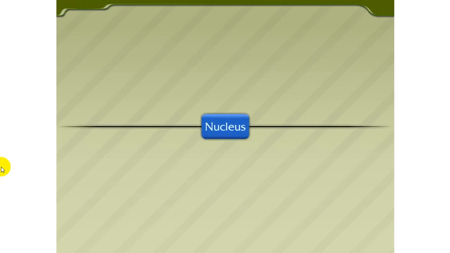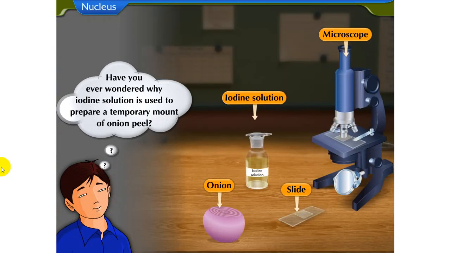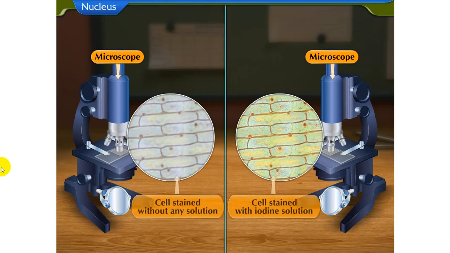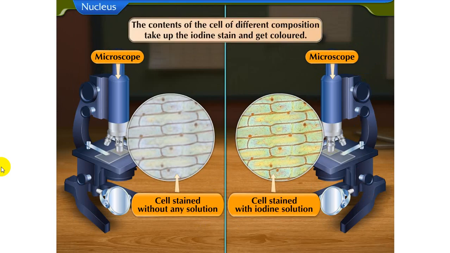Nucleus. Have you ever wondered why we use iodine solution to prepare a temporary mount of onion peel? When we use the iodine solution, the contents of the cell, being of different composition, take up the solution and get colored.